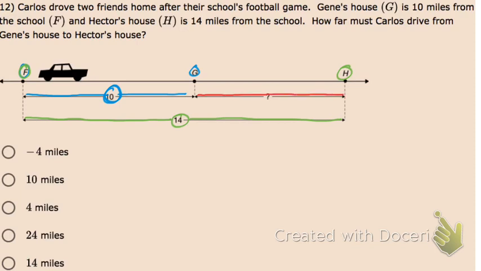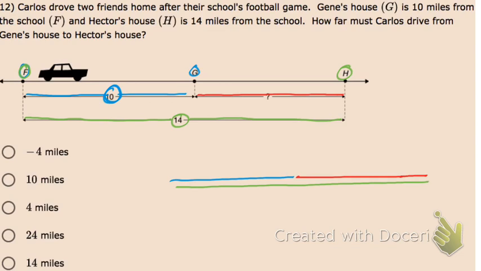If you just focus in on the lines, we have a blue line and we have a red line. The length of the blue line plus the length of the red line is the same as the length of the green line.